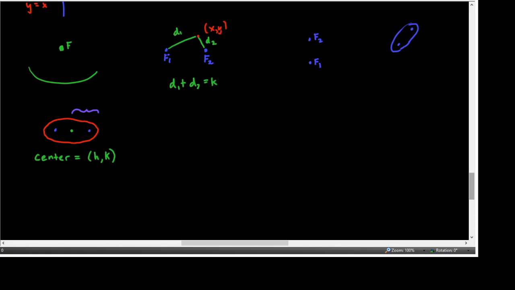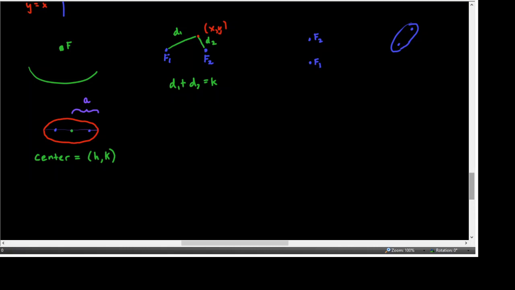That's called the major axis of the ellipse. And so this is the major axis, which goes through those three points, the center and the two foci. And the distance from the center to the edge of the ellipse, we're going to label that A.